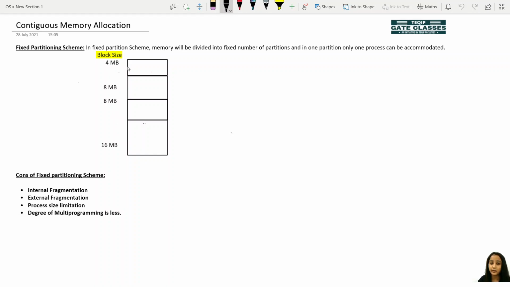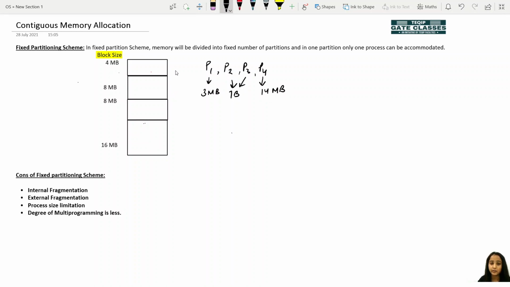I have given 4 MB to the first memory block, 8 MB, then 8 MB followed by 16 MB. Suppose I have 4 processes, P1, P2, P3 and P4. I want to execute the 4 processes and each has some size. Suppose P1 is 3 MB, P2 is 7 MB, P3 is also 7 MB and P4 is 14 MB.